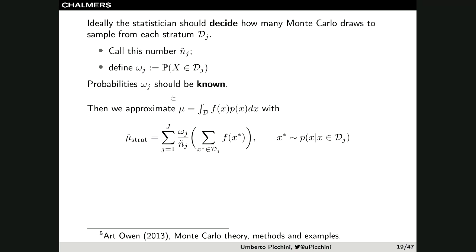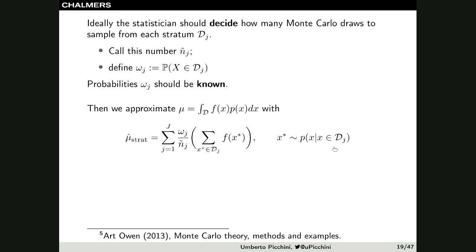Clearly, this will not be the case in our scenario. But if we have both these sets of numbers, we can approximate unbiasedly the integral using this weighted average. So we should be able to sample from this conditional density, conditional on the fact that we are in a certain stratum.